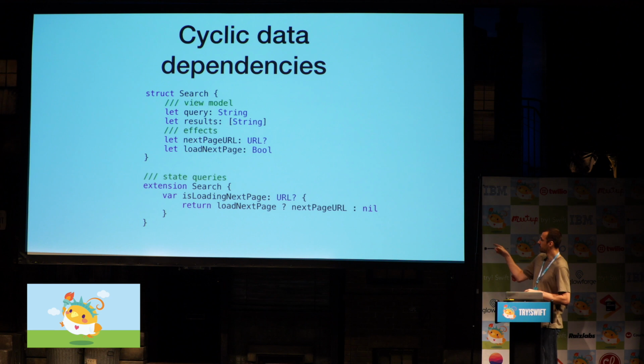On the bottom of this screen, you'll see something we call state queries. If you're using something like RxFeedback and you're storing your state in a database, then you'll use normal database queries. If you're using a struct to store your state, then you'll use calculated properties to pull out the interesting data from that struct that controls the loading of the next page.